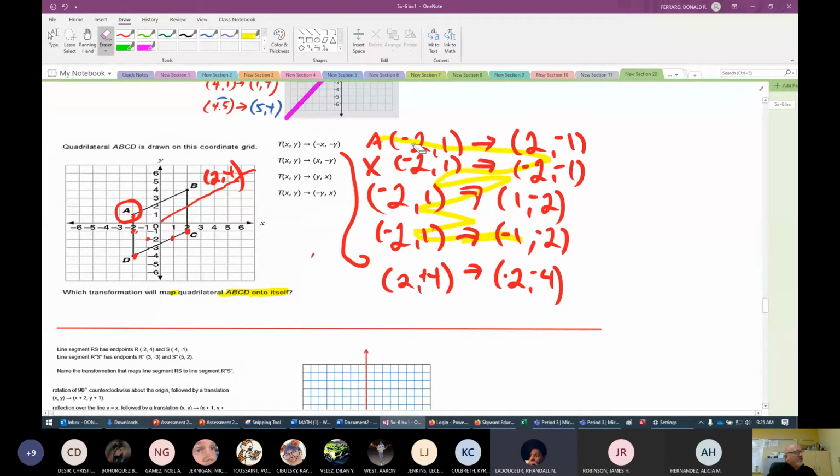So what we have to do is understand those translations. So the first one, using point A, it's -2, 1, and we need to transform it into negative x, negative y. So essentially, I'm just going to do the first point, and I'll do it a little more illustrated.